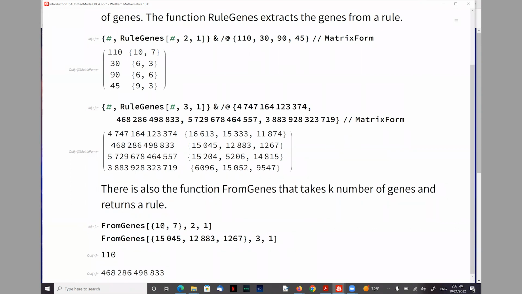So if you provide 10, 7, it will give you 110. If you provide these 3 genes under k equal to 3, r equal to 1, it will give you back this rule. So we can go back and forth in between, and that's at the heart of the whole thing. After that, I use these 2 functions to split them, work with them, put them back together, etc.